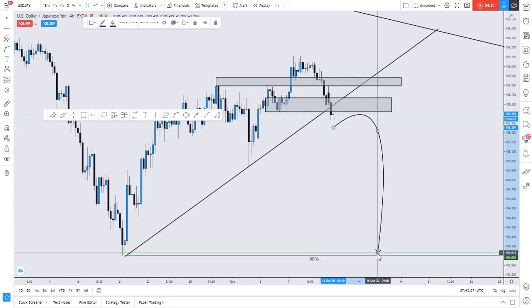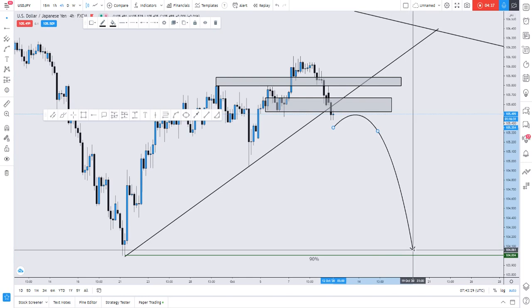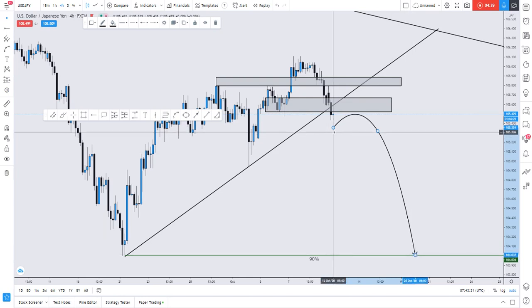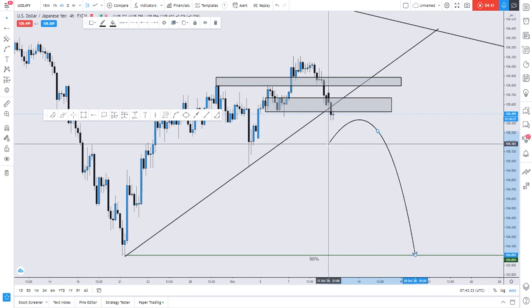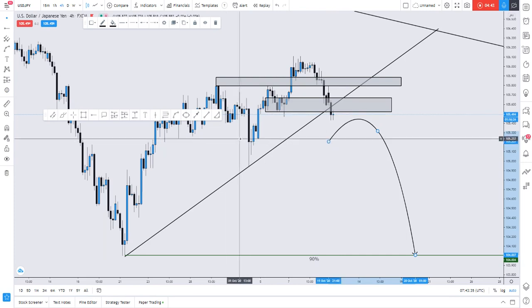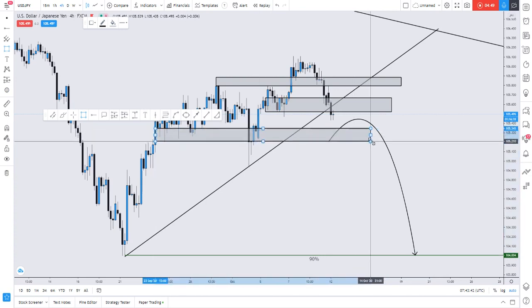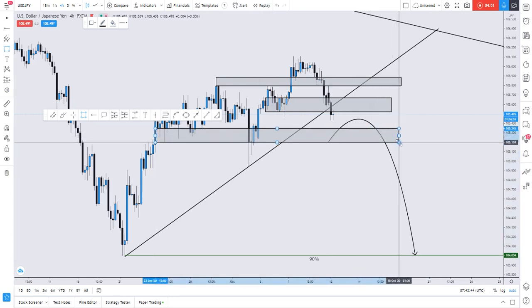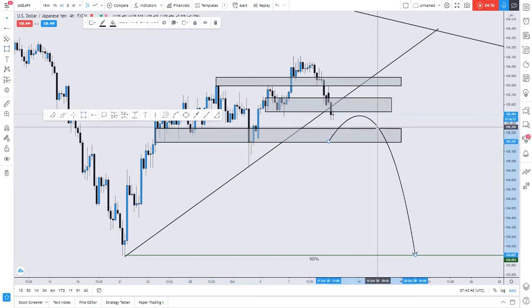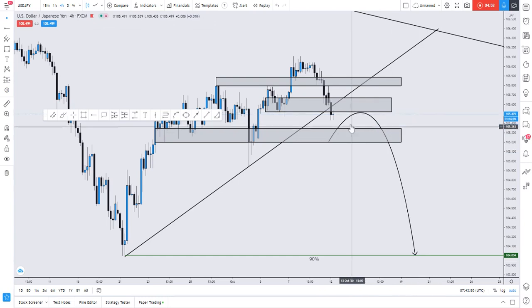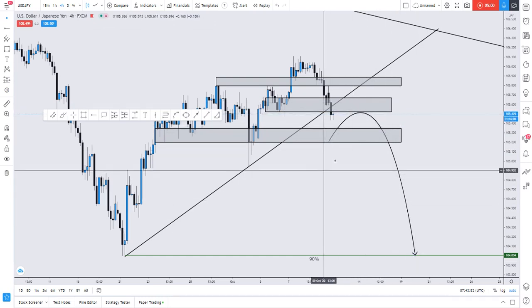So we might move down a bit into this area right here, because this is a major area of price. Price has been reacting at this area for quite a while, so we might move into this area first, then get some sort of reaction, then come back for a retest at this area before we plunge directly down there.